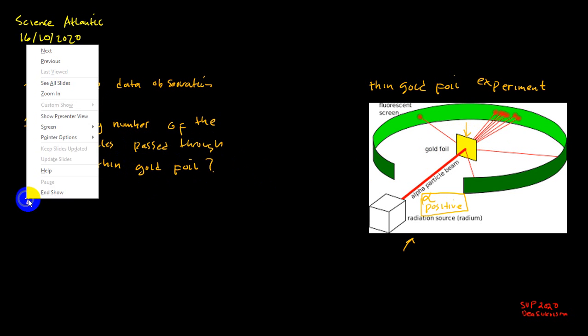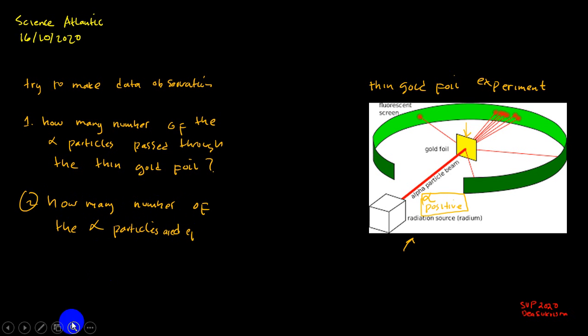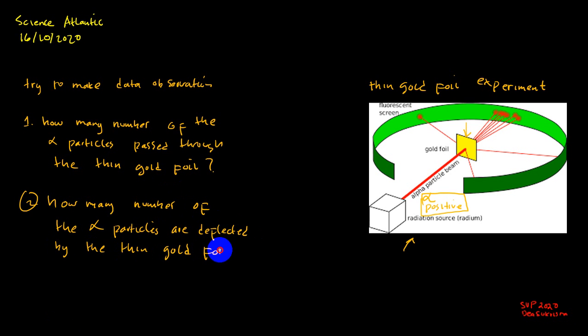Number 2, how many alpha particles are deflected by the thin gold foil?